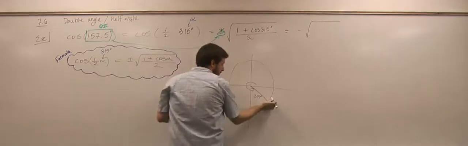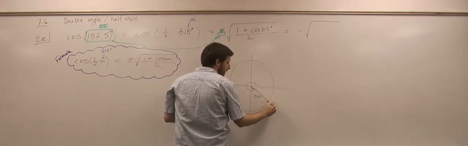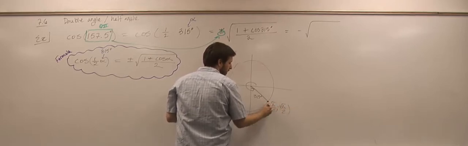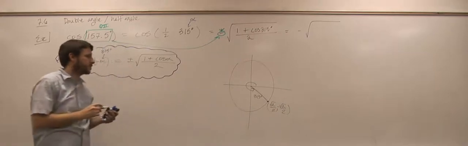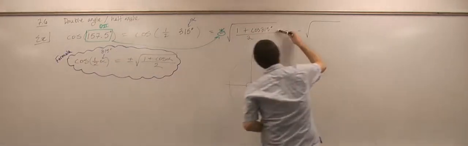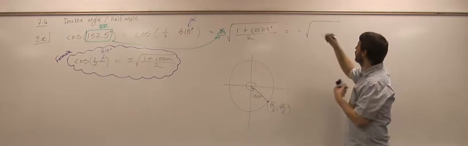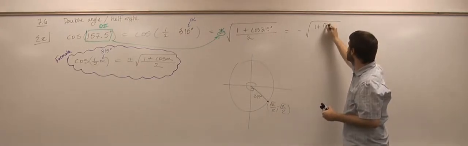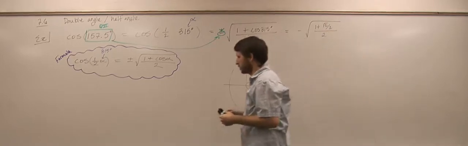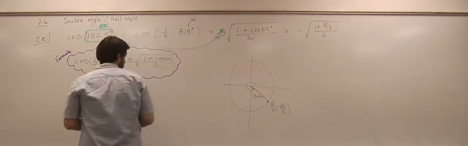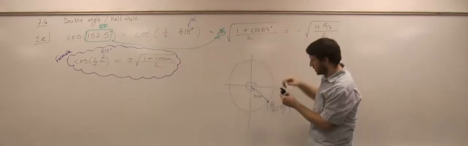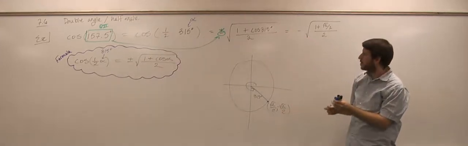Root 2 over 2. So at 315, I know I have root 2 over 2, with a negative like this. So then up here, I'm going to put 1 plus root 2 over 2, divided by 2. So I replace this with this.